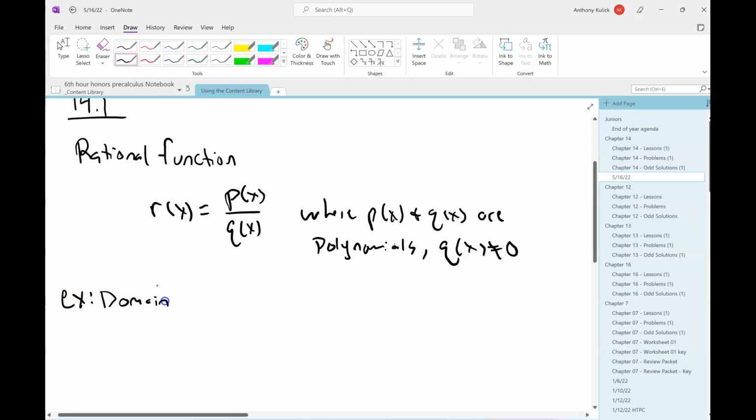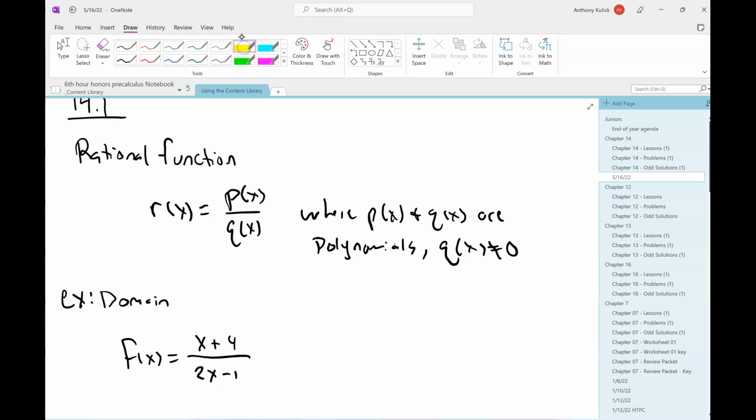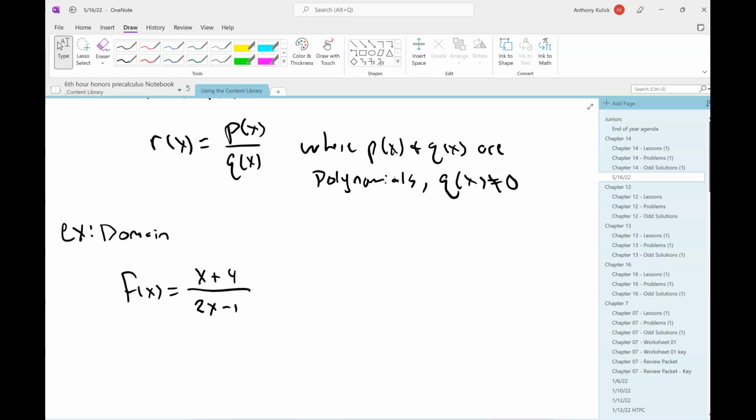So the first thing we'll talk about is calculating domains. Let's just say that we have this rational function here, x plus 4 over 2x minus 1. When we have a fraction or a division problem like this, where can we get in trouble? Dividing by 0.